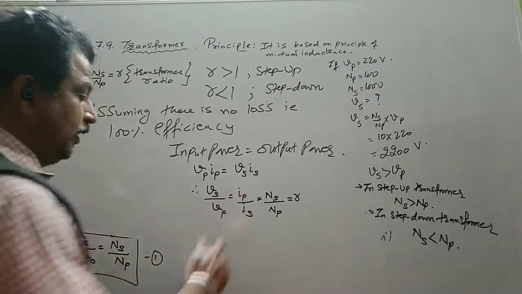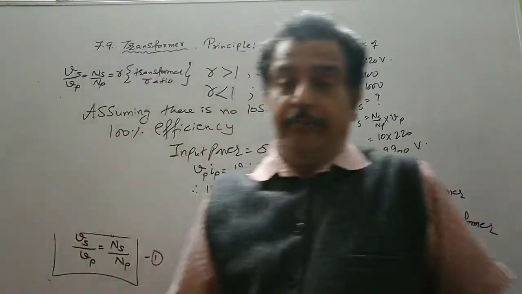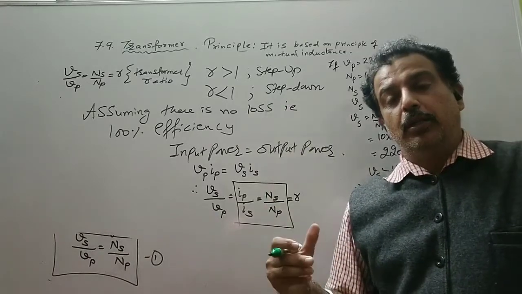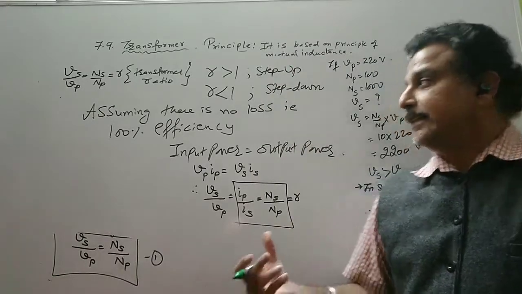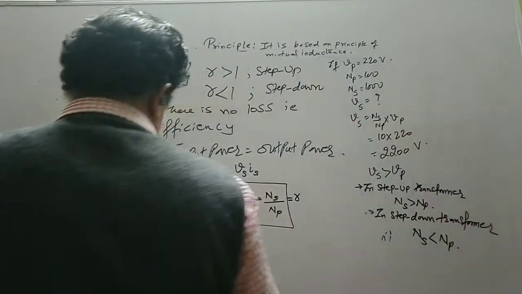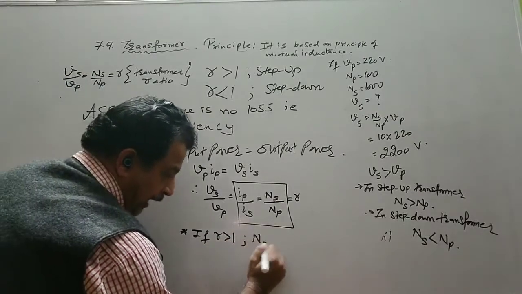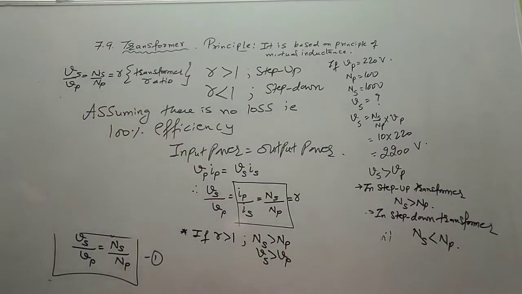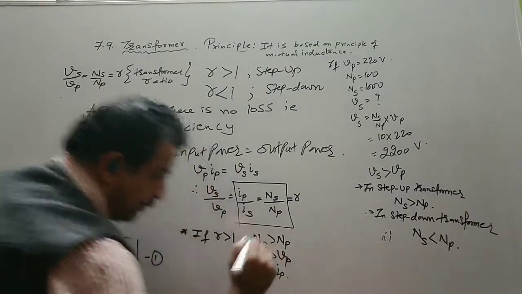But you see that for current, the relation is reciprocal here, and we have discussed that if the voltage is stepped up, the current becomes low, and if the voltage is stepped down, the current value increases. Then only it is possible that input power is equal to the output power. So you have to remember, if R is greater than 1, then we have Ns greater than Np, Vs greater than Vp, that is a step up transformer, and Is will be less than Ip.